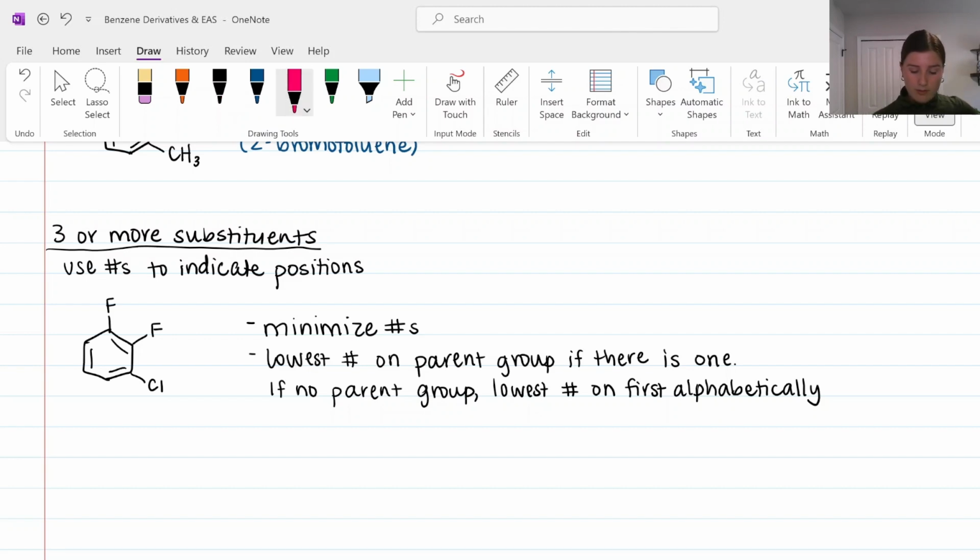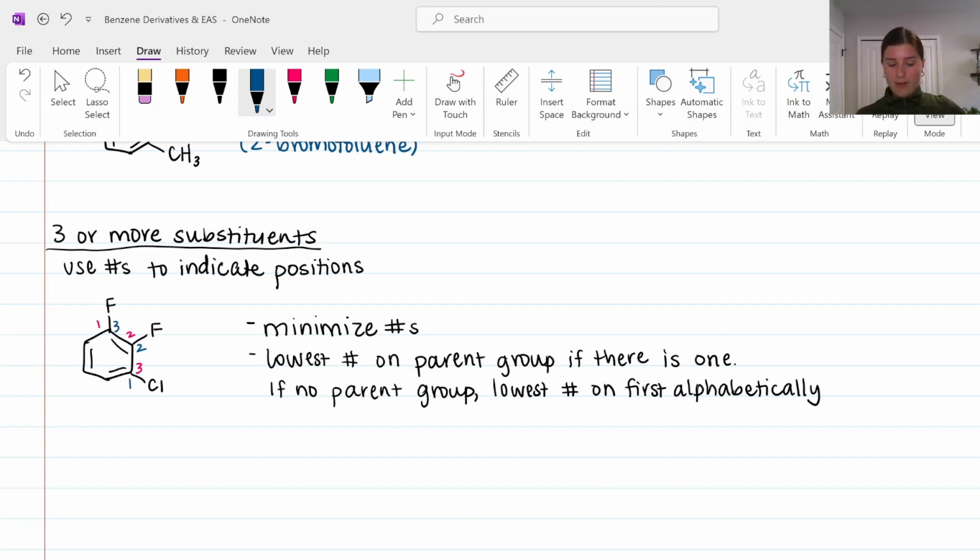In the molecule that I've drawn to the left here, we don't have a CH3, OH, or NH2 group, so we don't have a parent group. To minimize numbers, we can either number carbon 1, 2, and 3 in this direction, or the other direction, where the chlorine is on carbon 1, and we have 2 and 3 there. Chlorine comes before fluorine alphabetically.